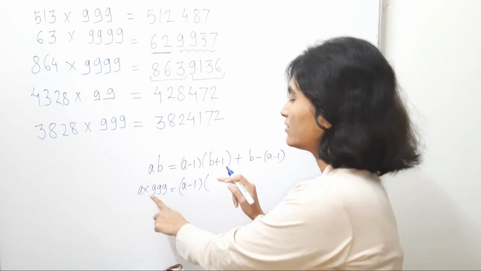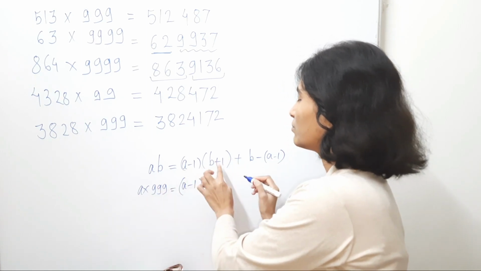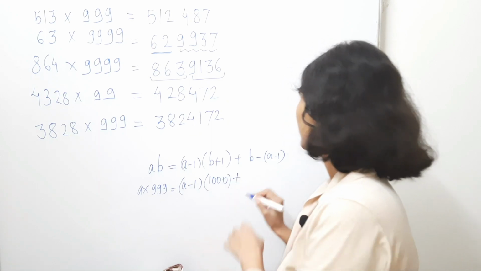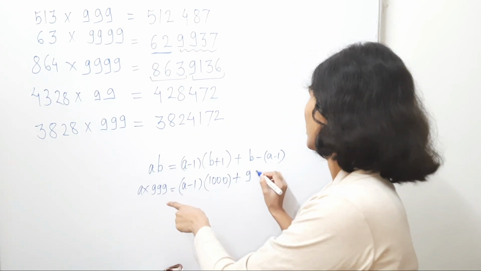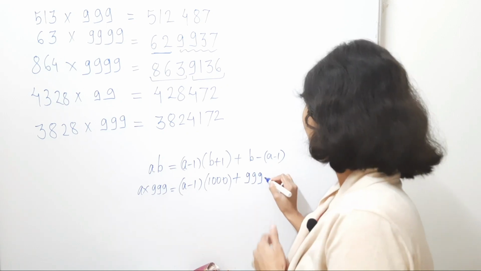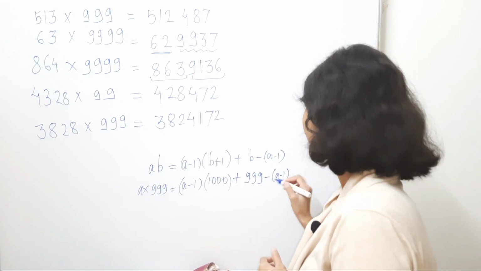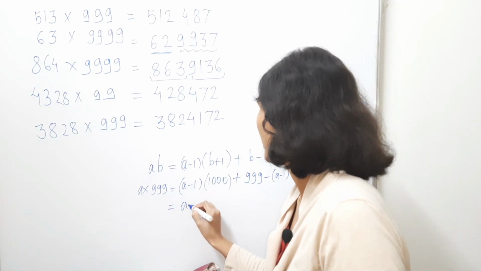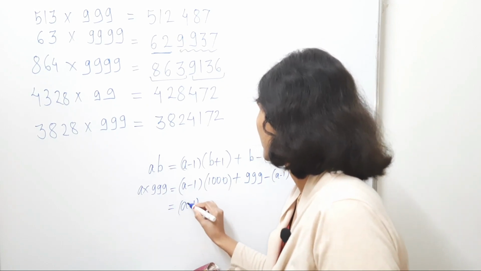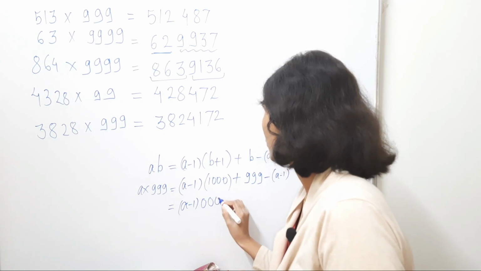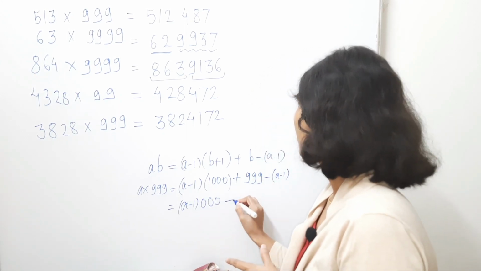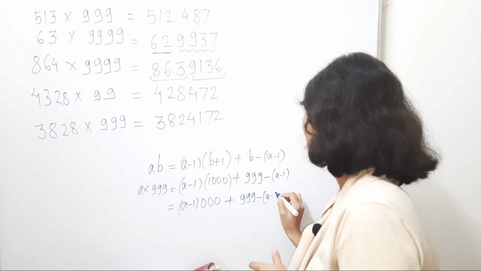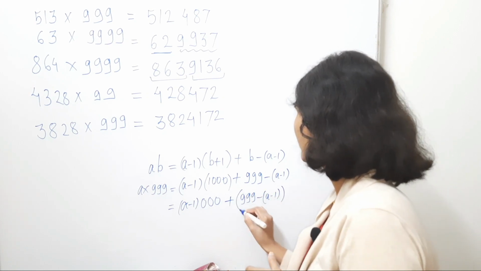Now B plus 1 is nothing but 999 plus 1, that means it is 1000, plus B which is 999 minus (A minus 1). Now (A minus 1) times 1000 is same as A minus 1 is some number, and we have 000, right? And then we are adding this 999 minus (A minus 1).